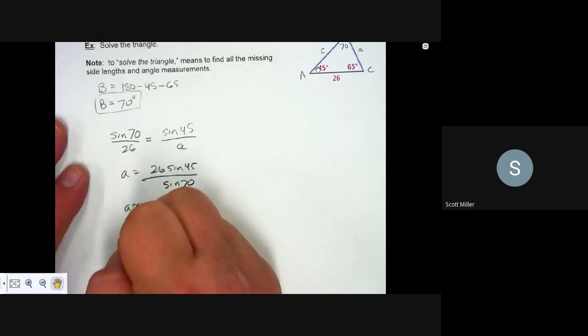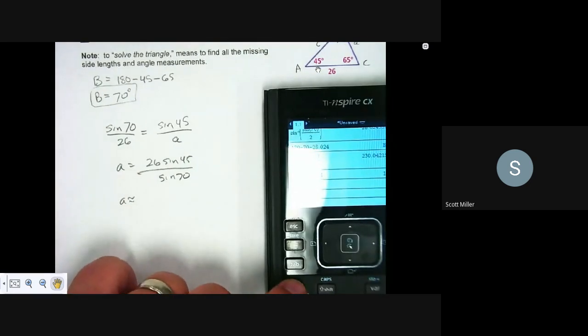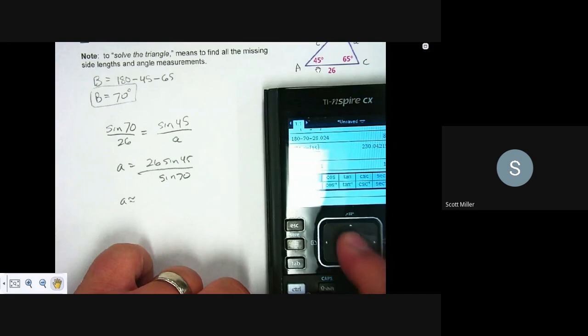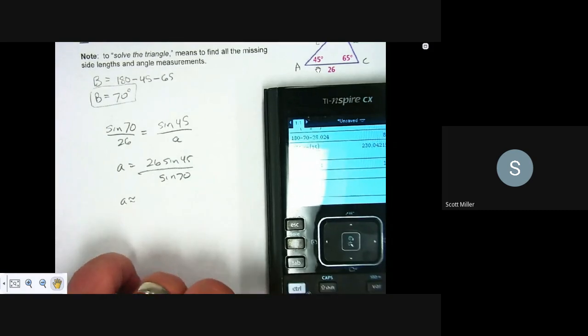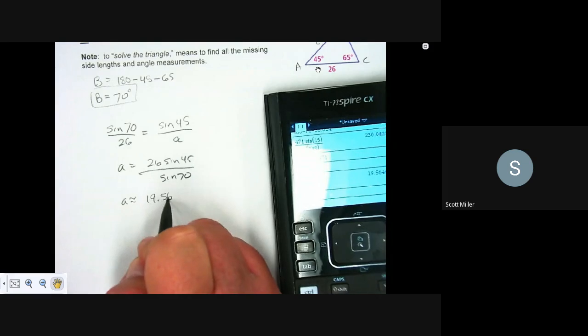Then I can approximate that using my calculator. So 26 times the sine of 45 divided by the sine of 70, and I get 19.565.